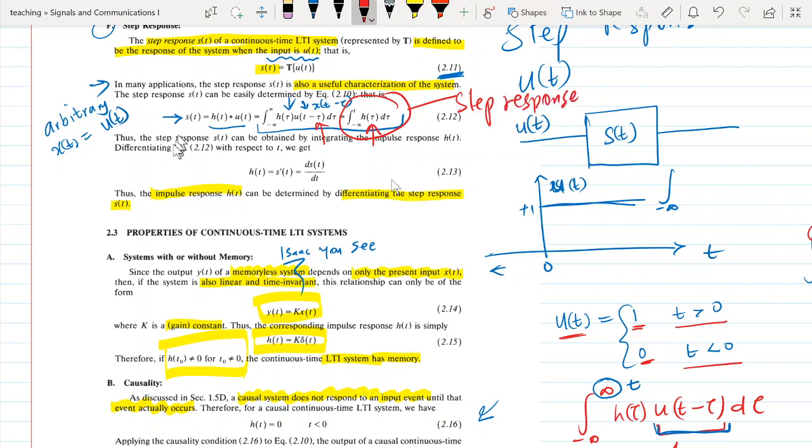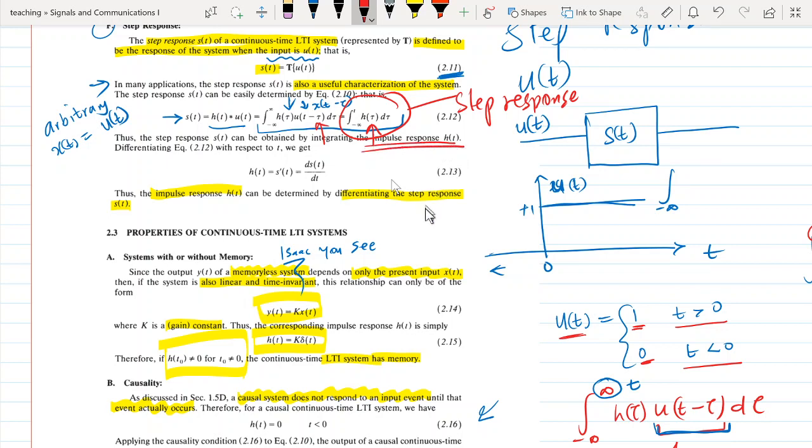So thus the step response s of t can be obtained by integrating the impulse response h of t, just like we have seen that if we integrate the h of t, we are able to get the step response.